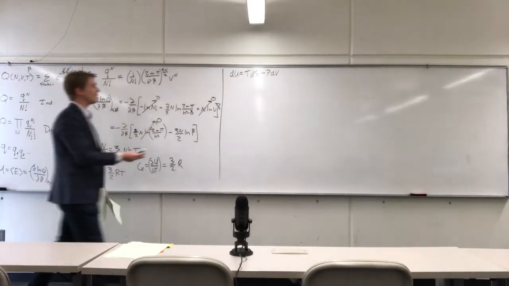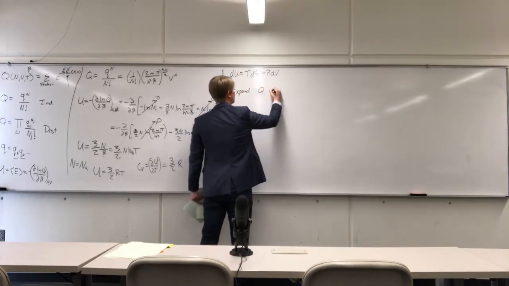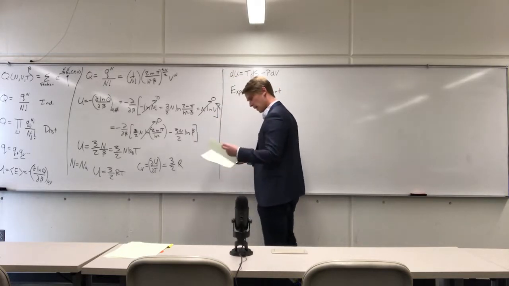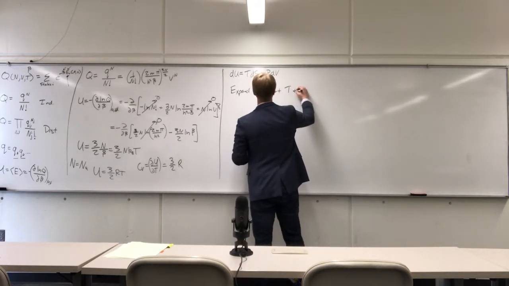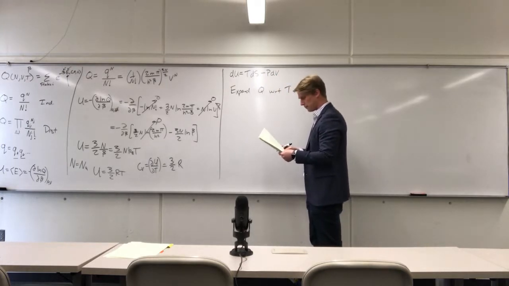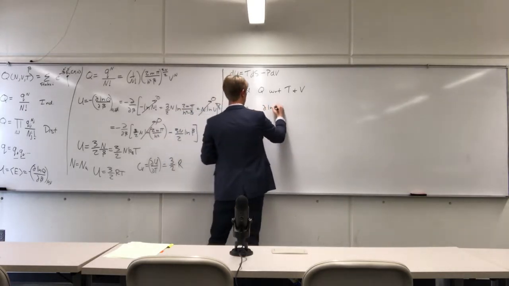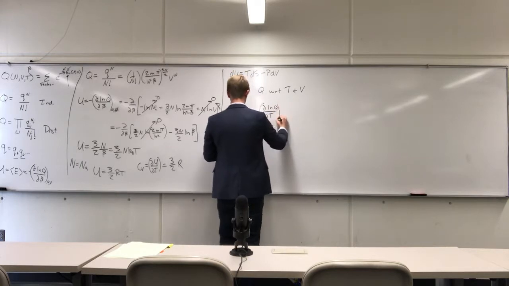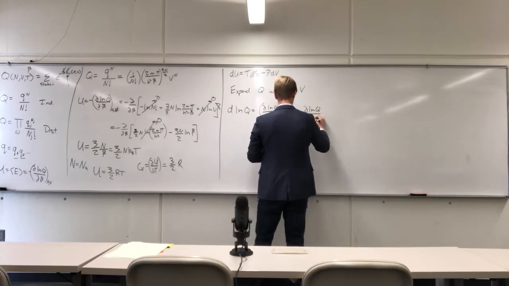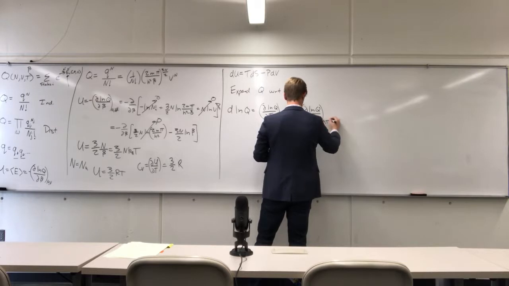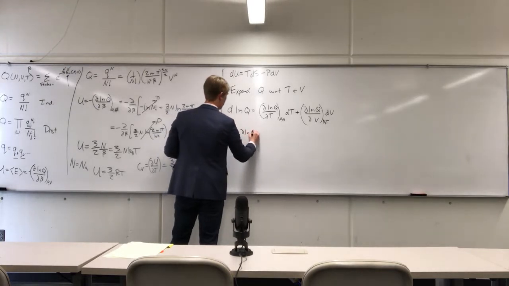So we're basically going to expand the partition function, expand Q with respect to, in this case, T and V. In this case, we'll write U in terms of beta, which is the form we've been working with.